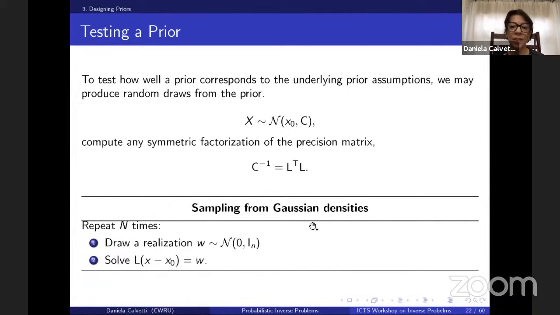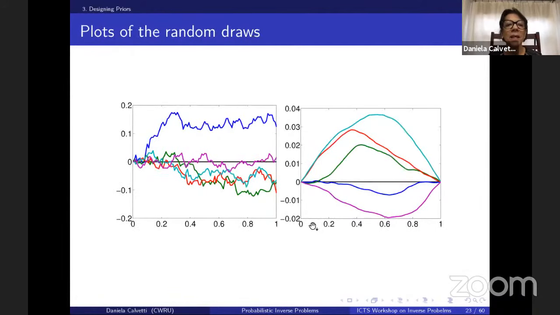So this works in general. I'm going to skip this, and instead, I think this might answer the question that you had previously. I hope it does. These are different realizations of the signal X, modeled according to the first order smoothness prior or the second order smoothness prior, realized exactly according to the formula that I gave.